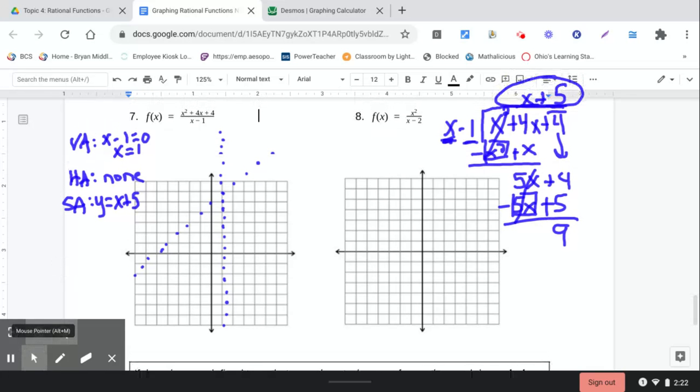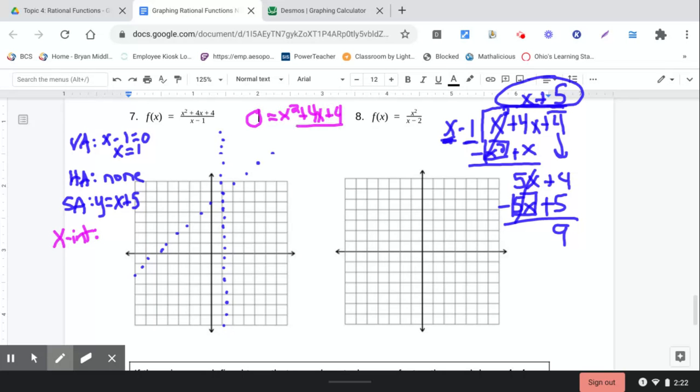So let me pop back up there so we can see it. So we can do the same thing we were doing before. We're going to find x-intercepts and y-intercepts. So remember, to find x-intercepts, we plug in 0 for y. We're going to multiply both sides by x minus 1.